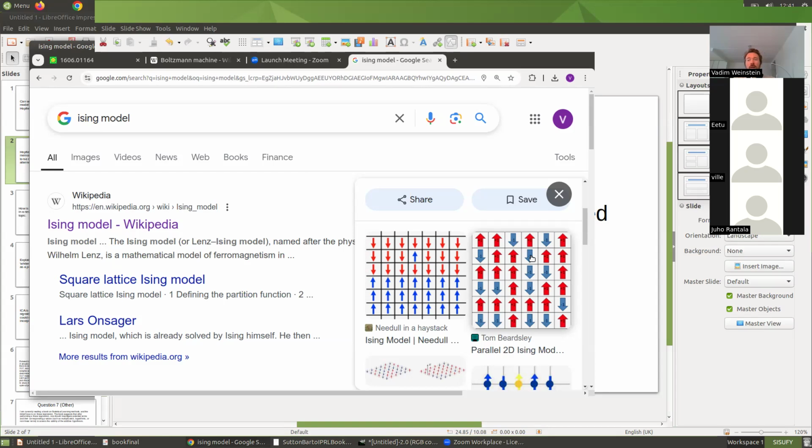And when the neighboring magnets change the distribution of where they point up or down, let's say 60% up, 40% down, then the distribution of that magnet also changes.